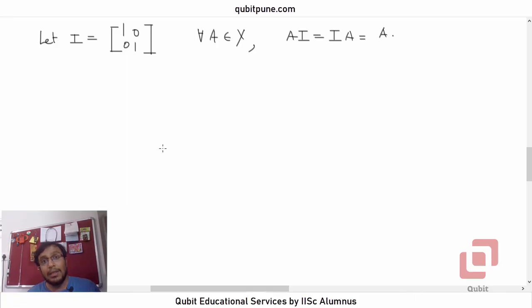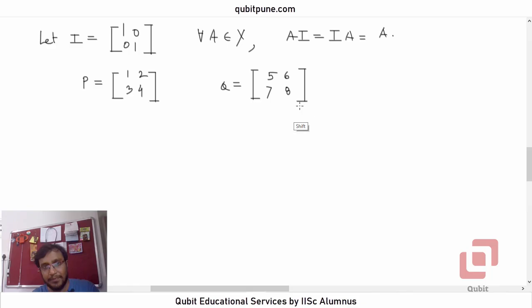Now we are going to consider two matrices. Let's call them P and Q. Let's say P is [1 2; 3 4], and let us consider Q as [5 6; 7 8], some random matrices. Now observe that P comma I belongs to R, because PI is equal to IP.